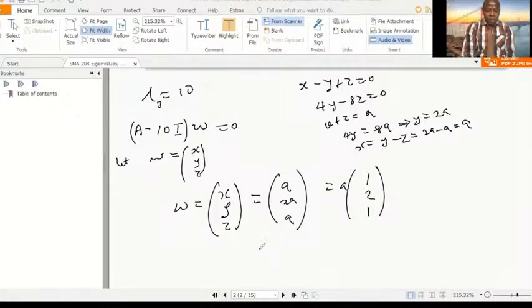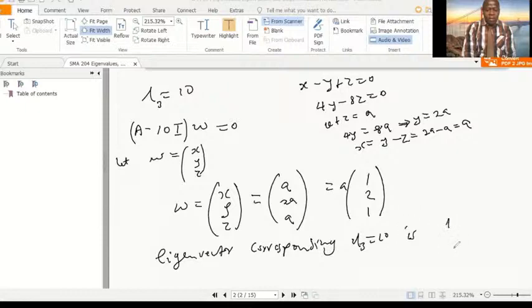So if I'm asked for the eigenvector corresponding to lambda 3 is 10, I give it as 1, 2, 1. That would be the eigenvector.